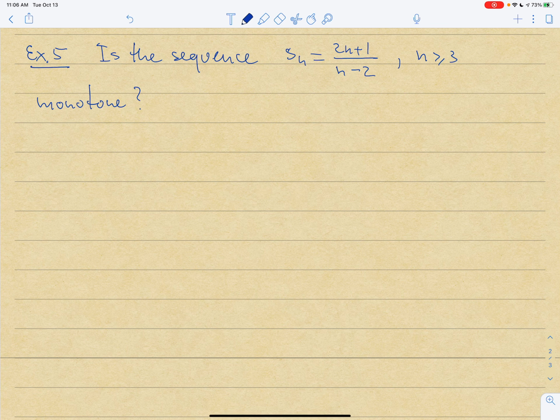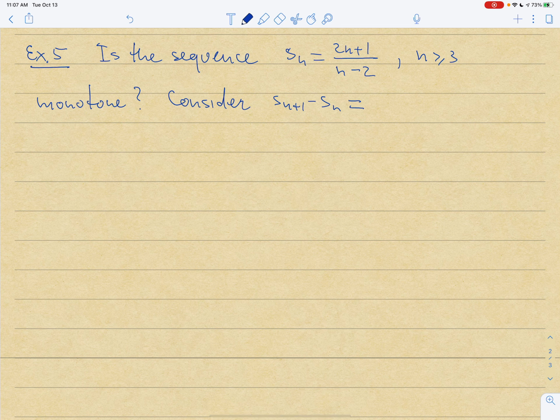How am I supposed to decide? I need to use the same idea as I just used in the previous examples. I'm going to consider the difference Sn+1 minus Sn, and if this difference has a particular sign, then I can conclude from that if the sequence is increasing or decreasing.